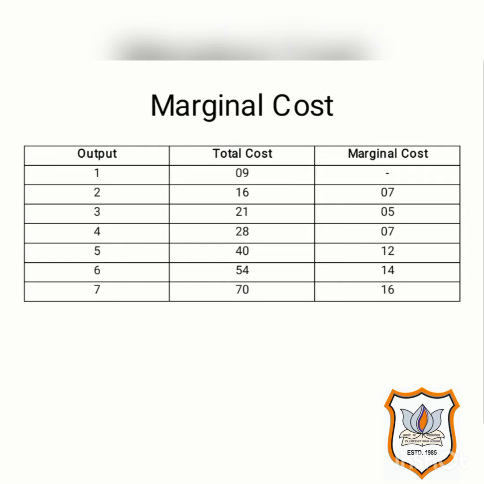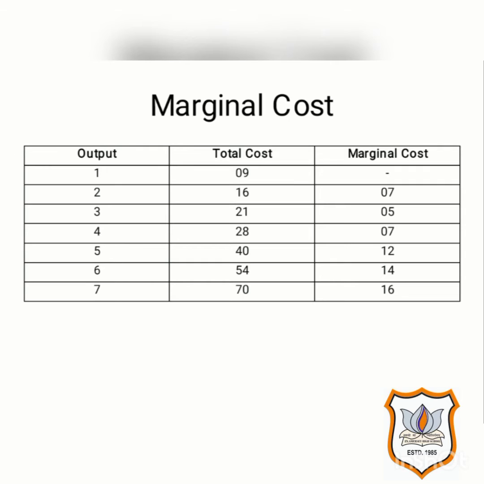For example, for the second unit of output, the total cost of the second unit is rupees 16, and from that the total cost of the first unit, 9, is to be subtracted. So 16 minus 9 gives 7. So in the second unit marginal cost is 7.